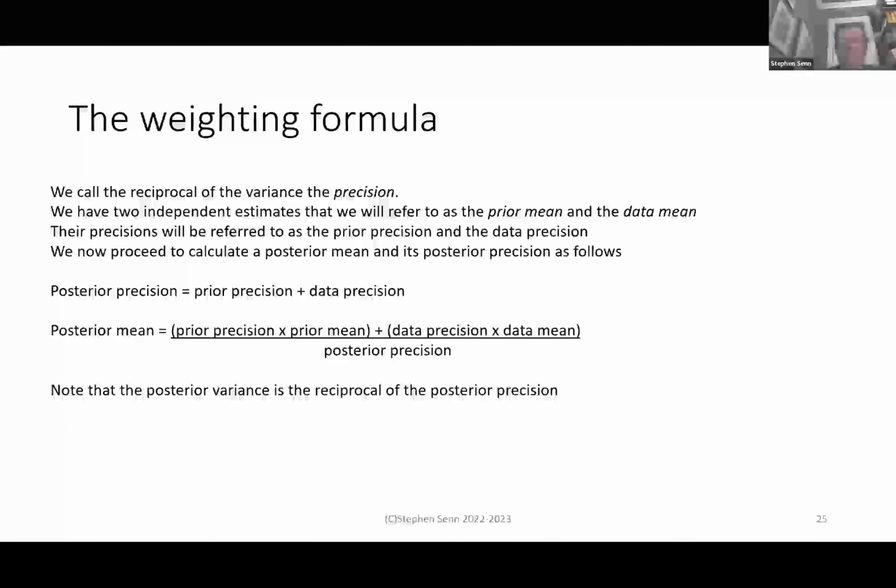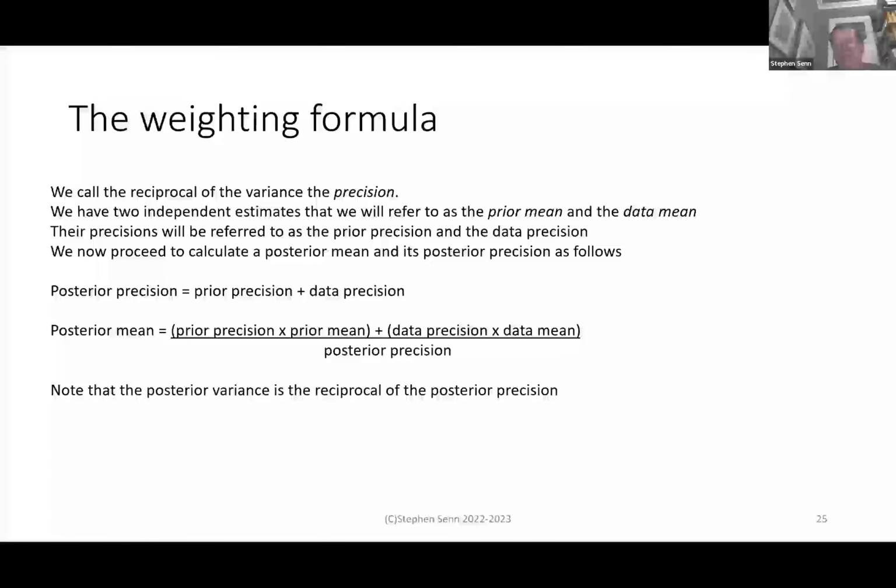If we look at this in more detail, we use the weighting formula which underlies Bayesian analysis. It's the same weighting formula which underlies meta-analysis. And it works as follows. We look at things in terms of precision.